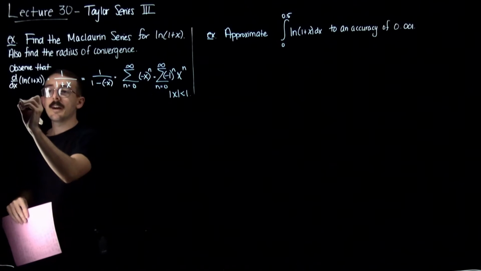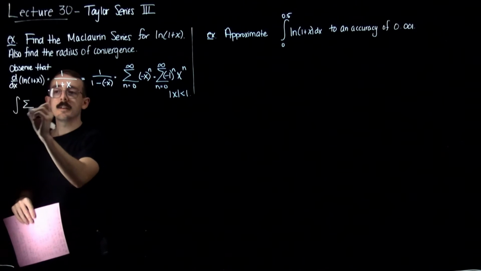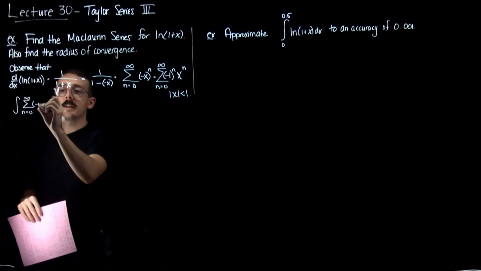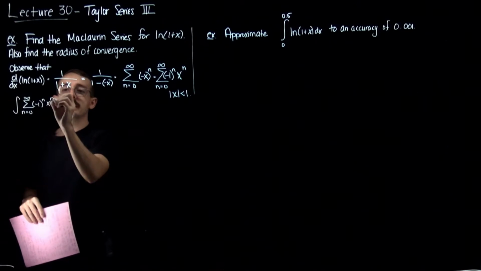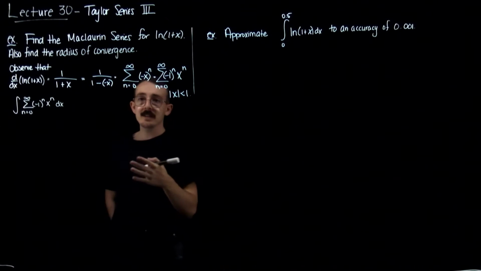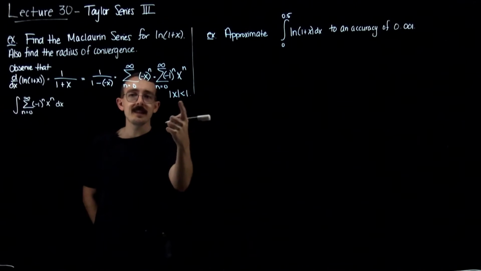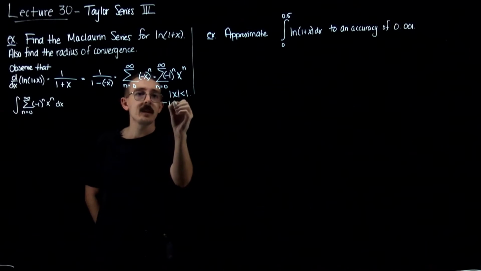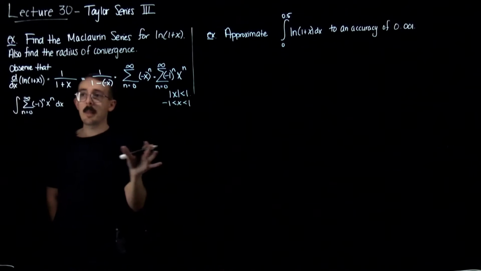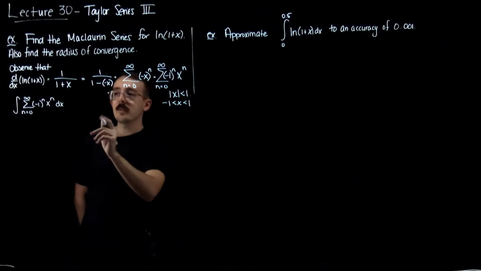So I'm going to integrate the summation n equals 0 to infinity, negative 1 to the n, x to the n, dx. And I can do this term-by-term integration as long as I specify that I'm on this interval for x. So from negative 1 to 1, I am certainly OK to do that. So I'm going to integrate this to get back to ln of 1 plus x.